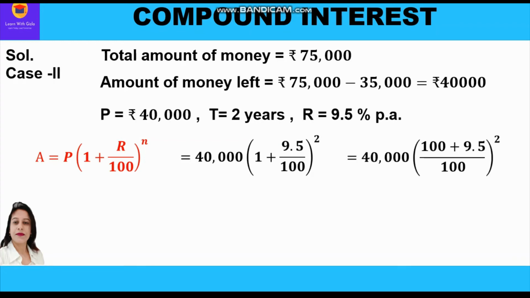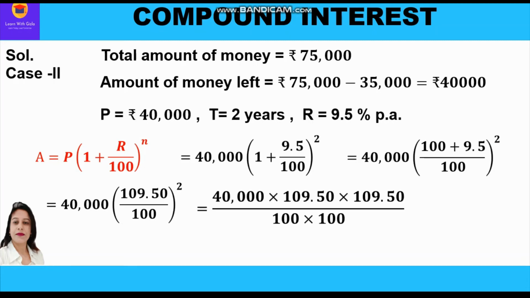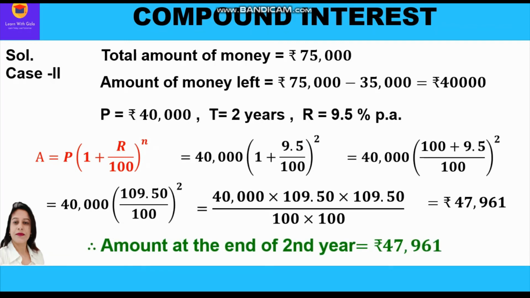So 40,000 ((100 + 9.5)/100)^2, which is equal to 40,000 (109.50/100)^2, and further we shall expand it and write 40,000 × 109.50 × 109.50 / (100 × 100), which we will further solve, and we shall get rupees 47,961. So the amount at the end of the second year is coming to rupees 47,961.